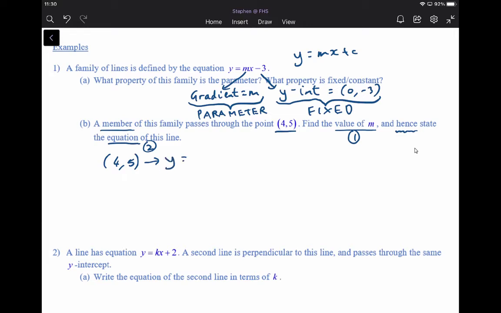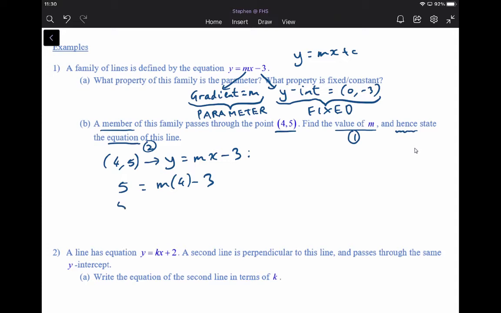So the equation is y equals mx minus 3. So how we're going to do it is we're going to replace y with 5 and x with 4. So that is all you have to do. Simply replace x and y with the respective parts of the coordinates.